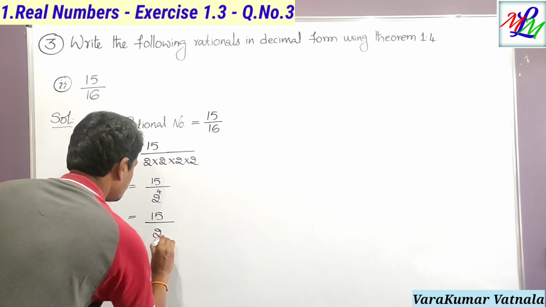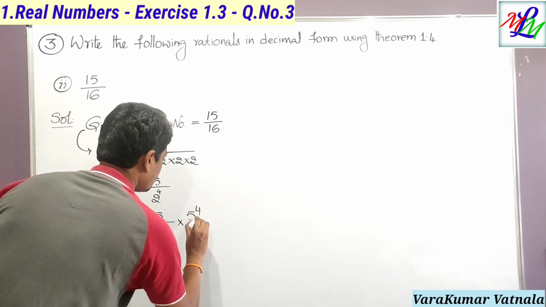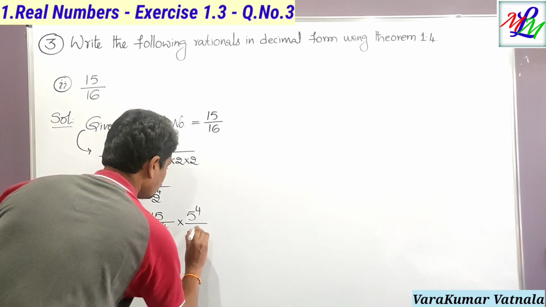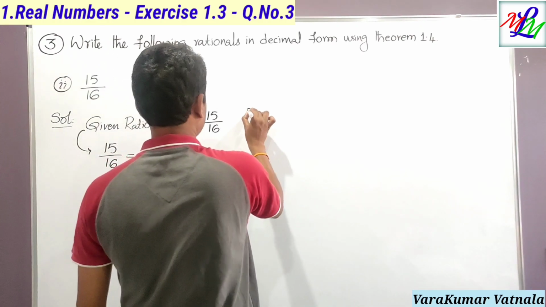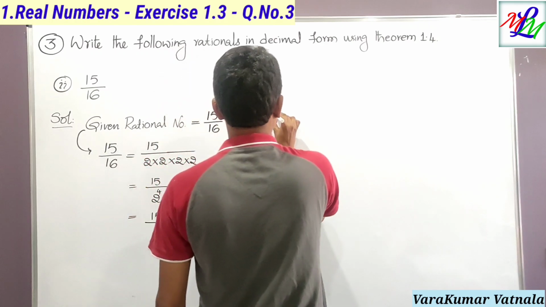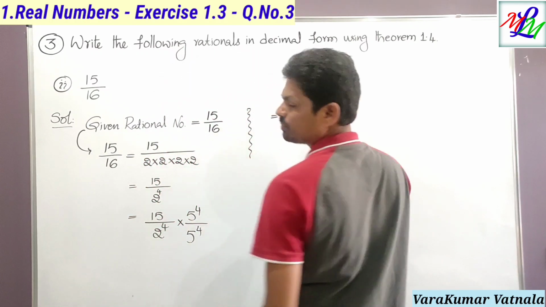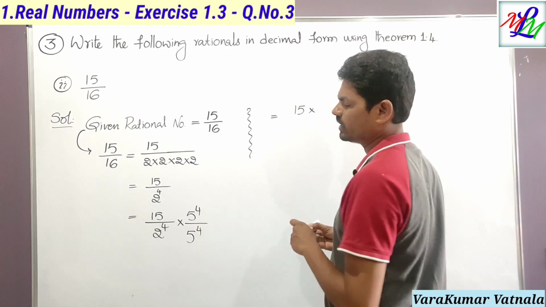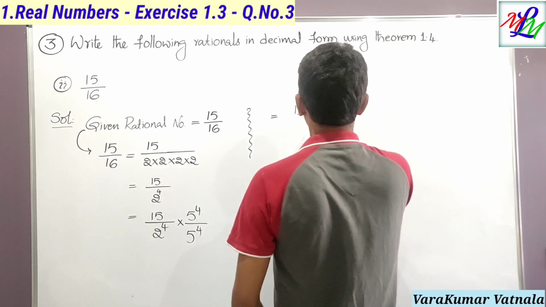15 divided by 2 to the power 4, into 5 to the power 4 divided by 5 to the power 4. So now see here, 15 into 5 to the power 4, which is 625, student. 5 into 5 is 25, 25 into 25 is 625.